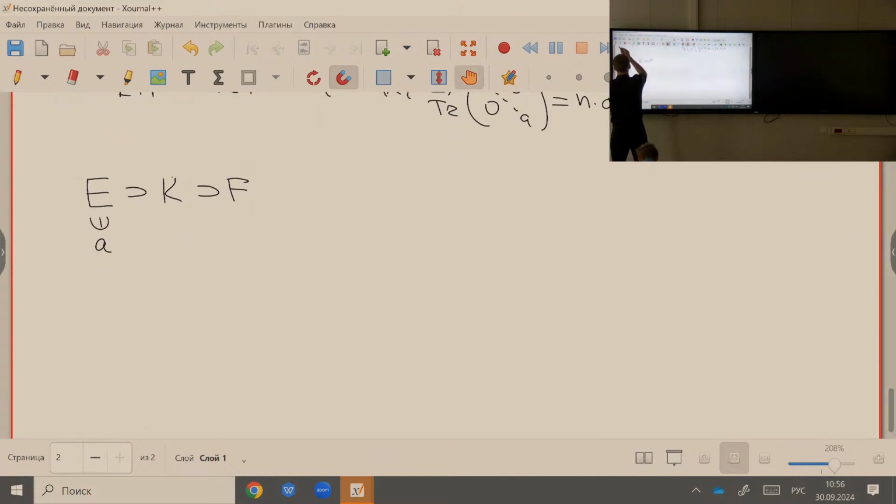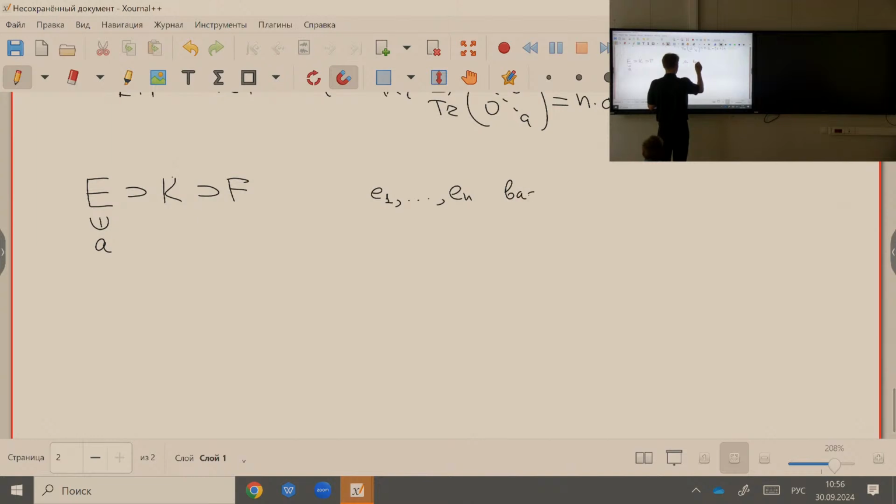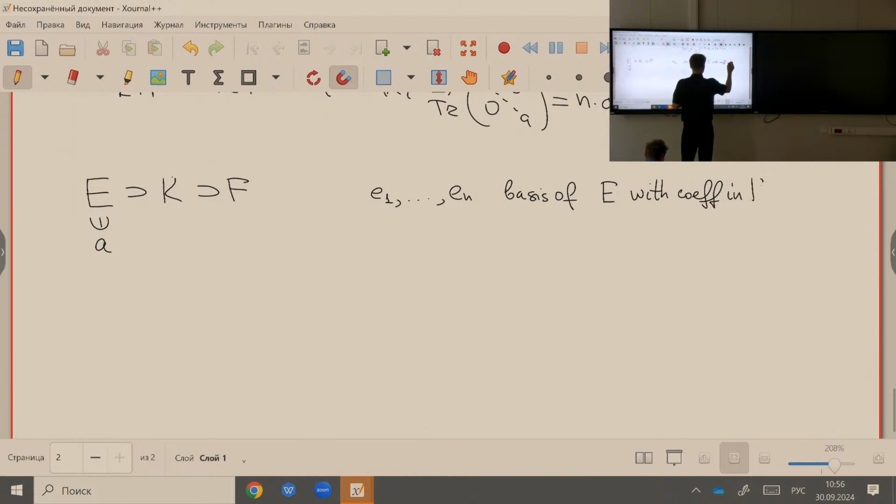Let me take the basis E1, ..., En is a basis of E, but with coefficients in K. So the basis over K. And then you are just looking at the matrix that maps the basis E1, ..., En to the vectors A E1, ..., A En.